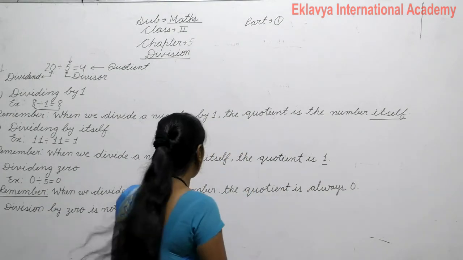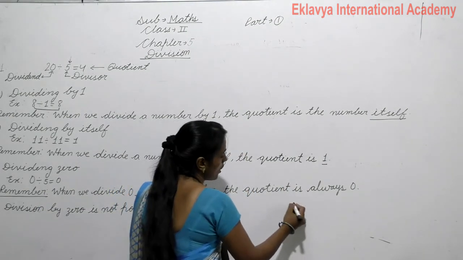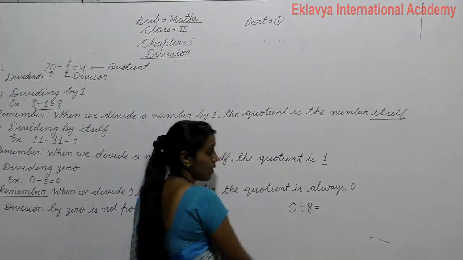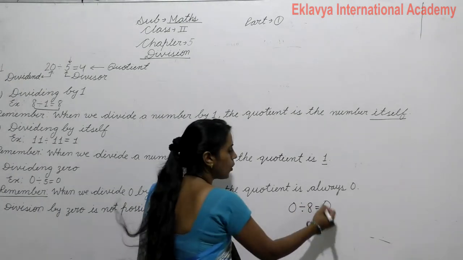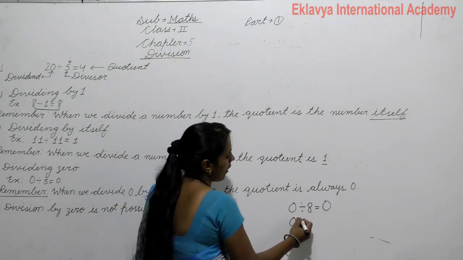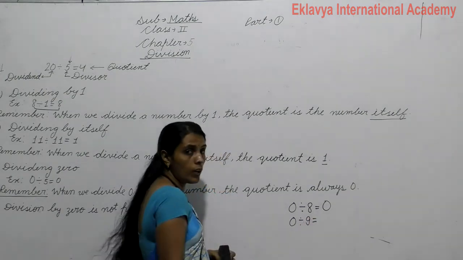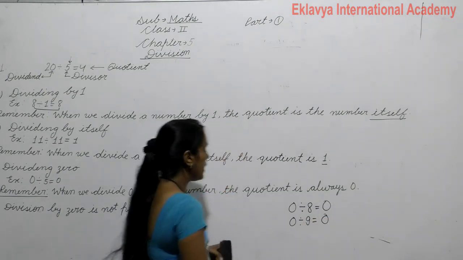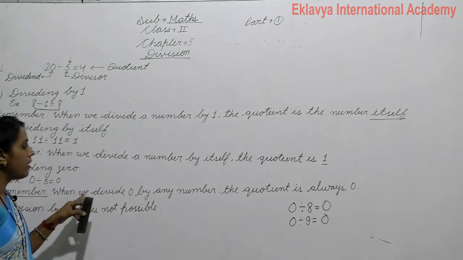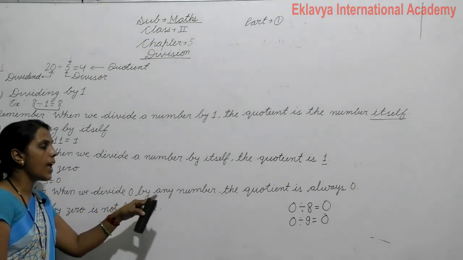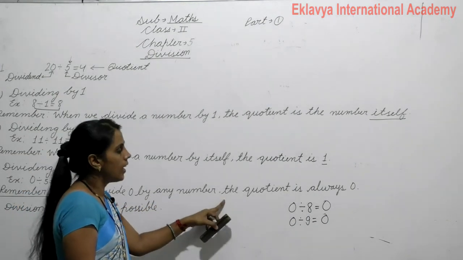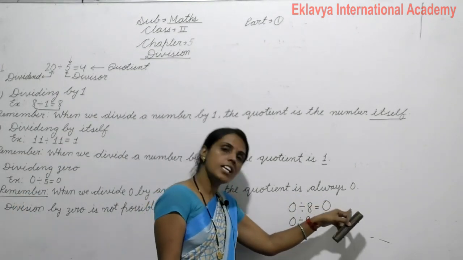Like this type, I have given an example, 0 divided by 8. What will you get? 0. And 0 divided by 9. What will you get? 0. Listen again, when we divide 0 by any number, the quotient is always 0.